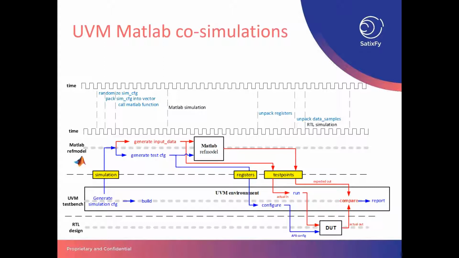So there is a tool that comes with Matlab that you can use to compile the Matlab code to C. And basically, after that, using DPI-C, you can connect the simulation with Matlab.